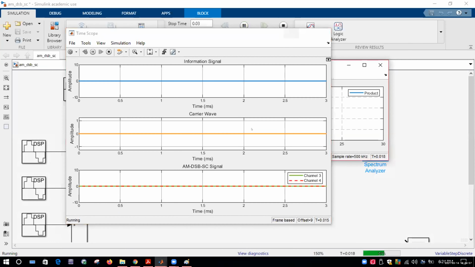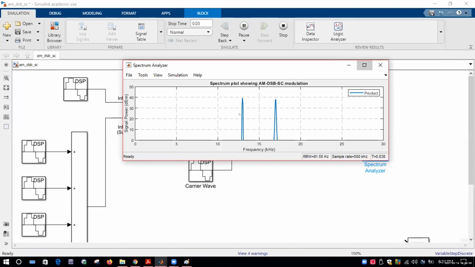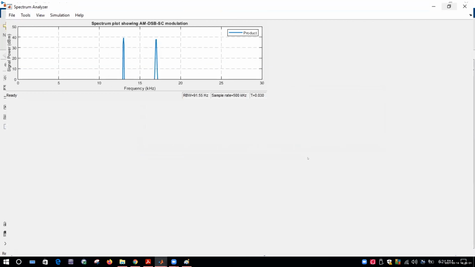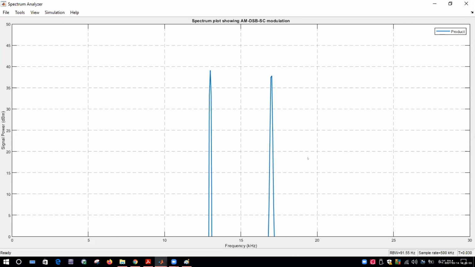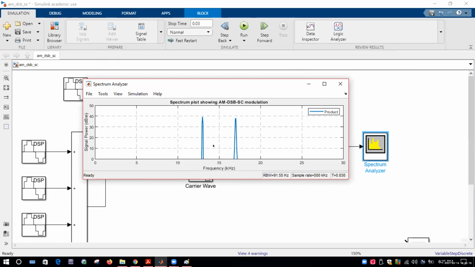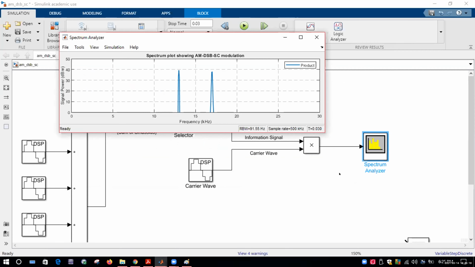What do you see here? In the spectrum analyzer, what do you see? This is our spectrum analyzer, and in the spectrum analyzer you can see that the output here has two peaks. What is the frequency?